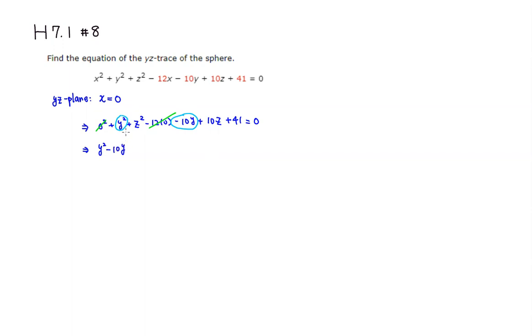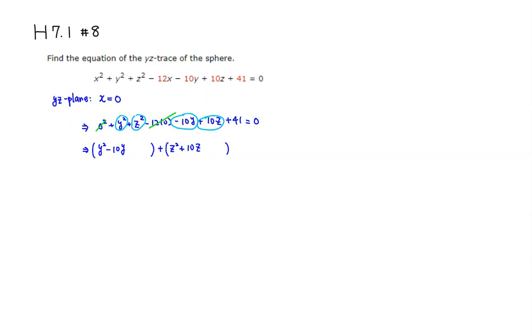Then for the z terms, we have a z squared and a 10z.